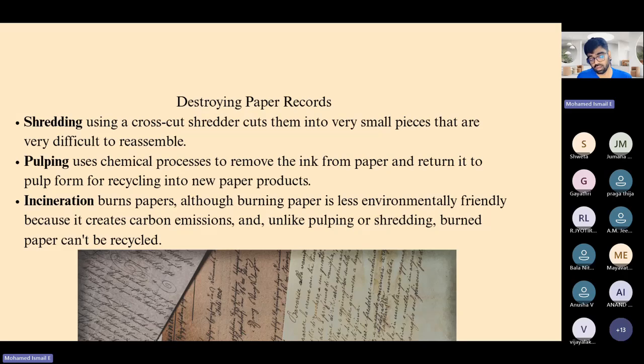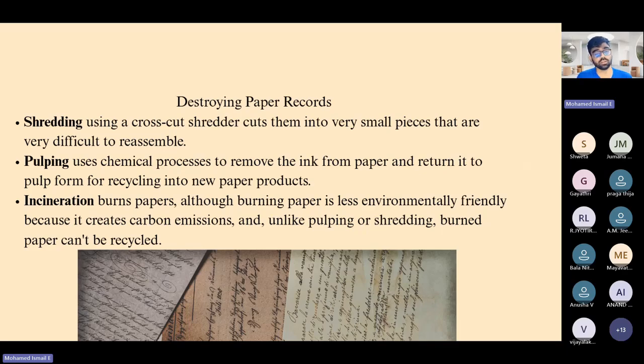It is not recommended because it is less environmentally friendly, and they need a specific location or arrangement to do that. So that is called incineration.